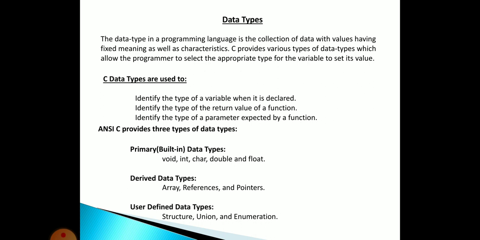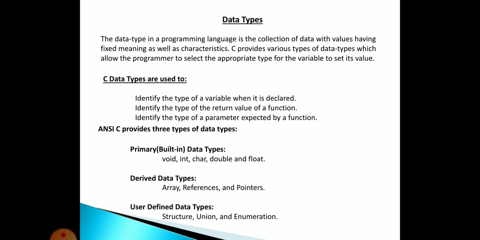So all the C compilers support five fundamental data types: integer, represented as int; character, char; floating point, represented by the float keyword; double precision floating point, that is double; and void.